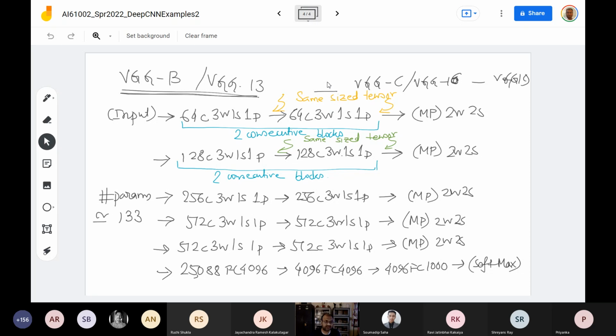Now from here, we move on to VGGC or VGG16. In VGGC or VGG16, what it was doing is it tried to repeat the same thing, but in the third block itself.